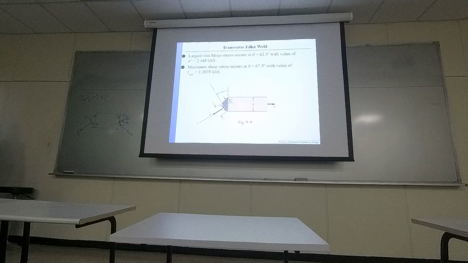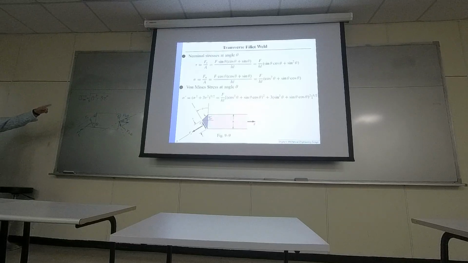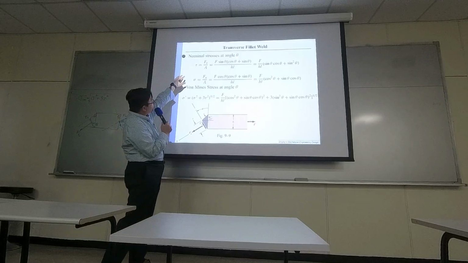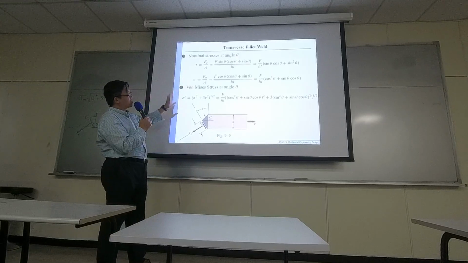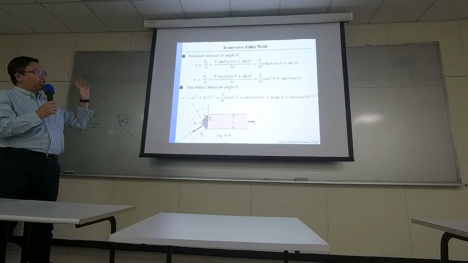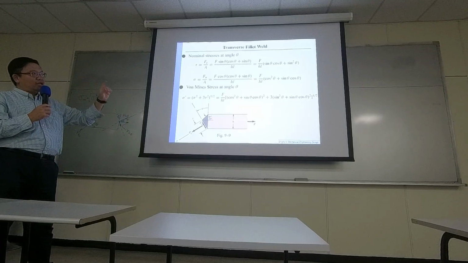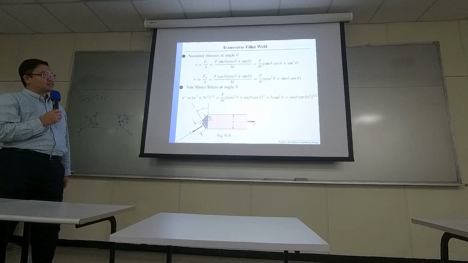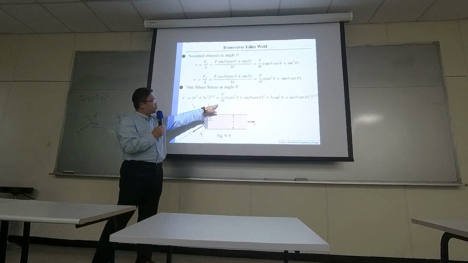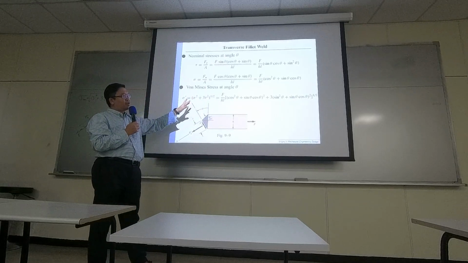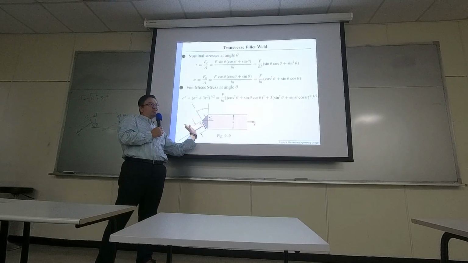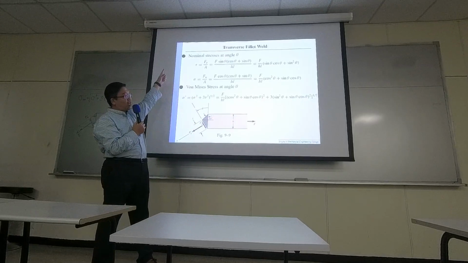So these equations, normal stress, shearing stress, and von Mises stress, you can see they end up with equations in theta. F is the same, H and L are the same, only difference is theta. So at different angle, you can do different analysis.